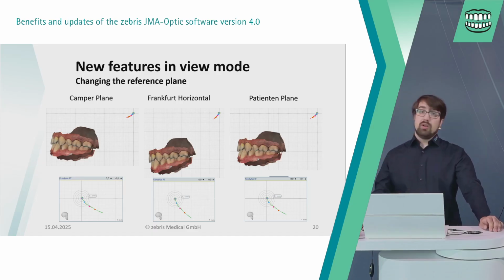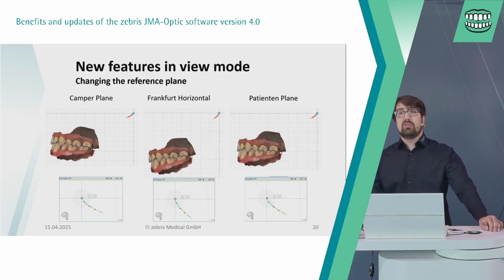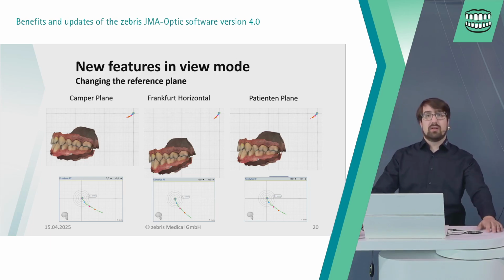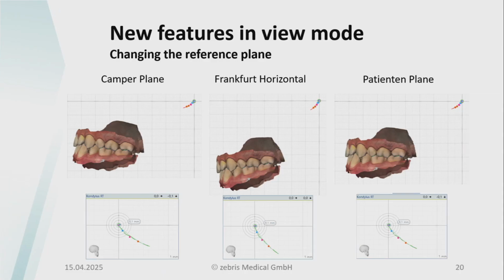But when we show you the articulator, for example, the Artix articulator, it will not be in a plane like on our screen. So we also implemented the feature that you can change between the reference planes in the viewer.